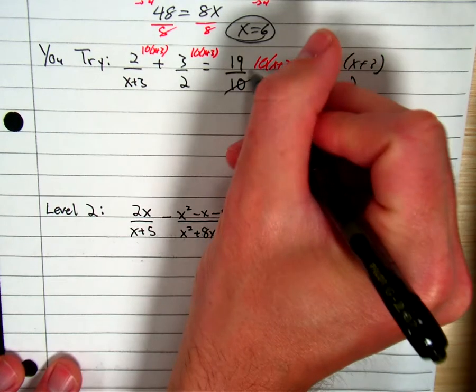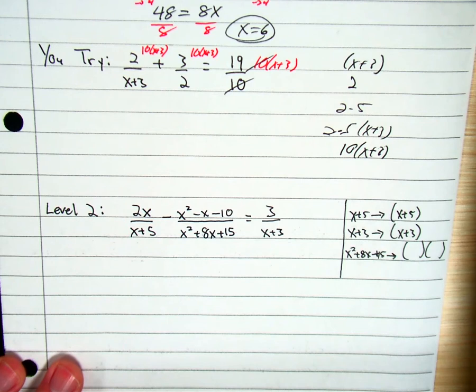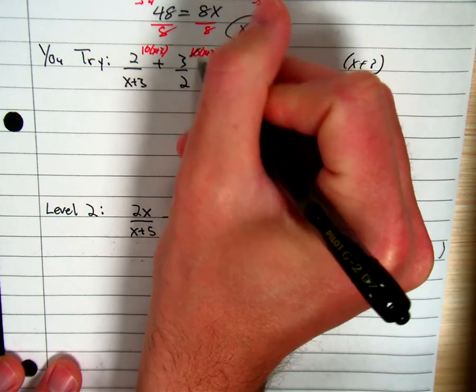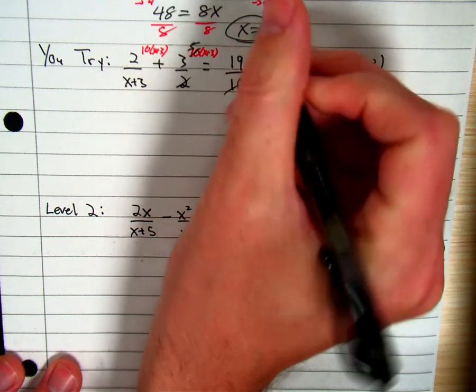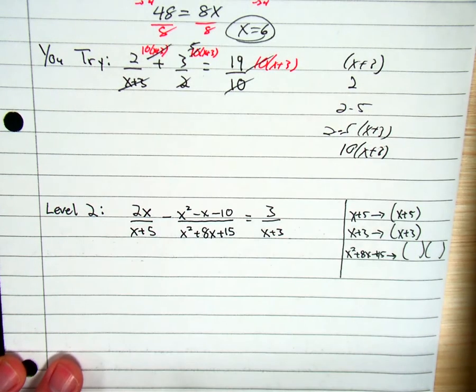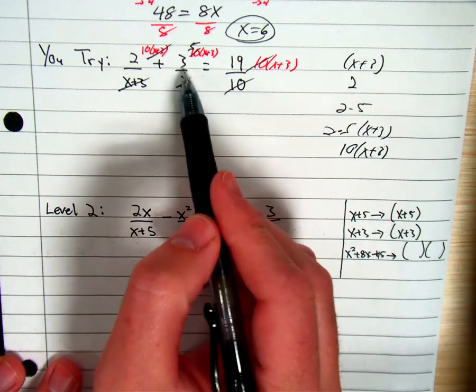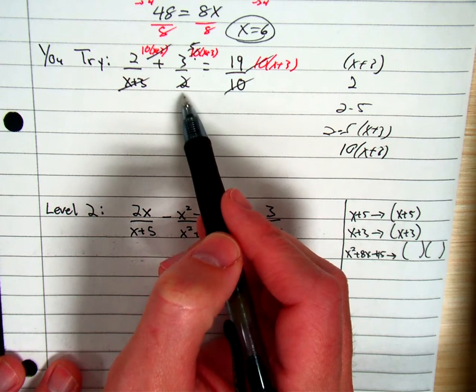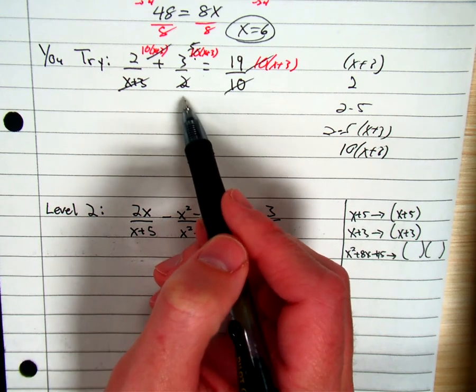Our 10s cancel out there. 10 divided by 2 is just going to be a 5 times 3 now, x plus 3, x plus 3. If you were looking at this, 3 times 10, that's 30, and then divide by 2 and go 15, you can just jump right to that.